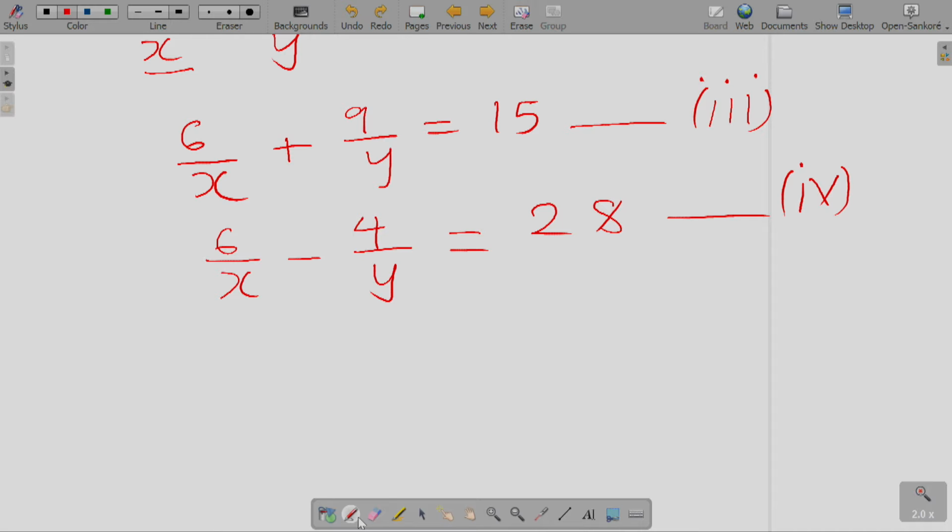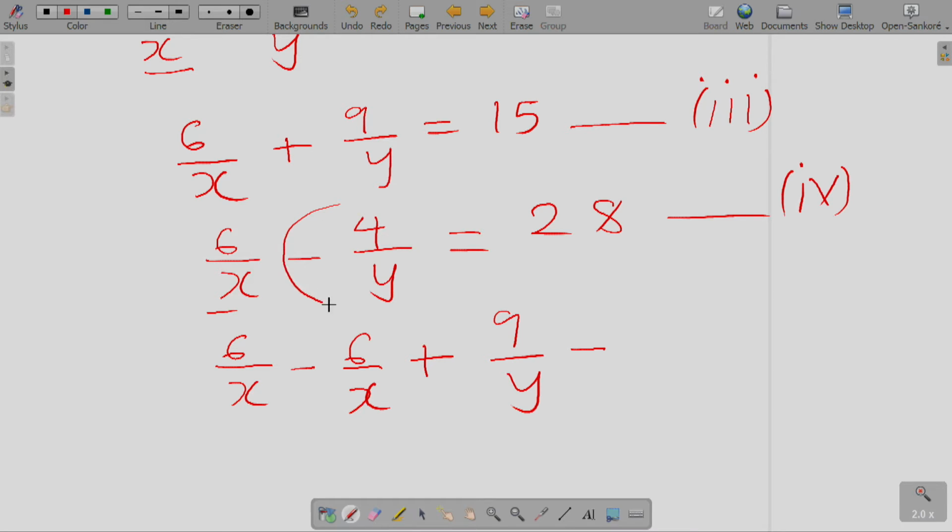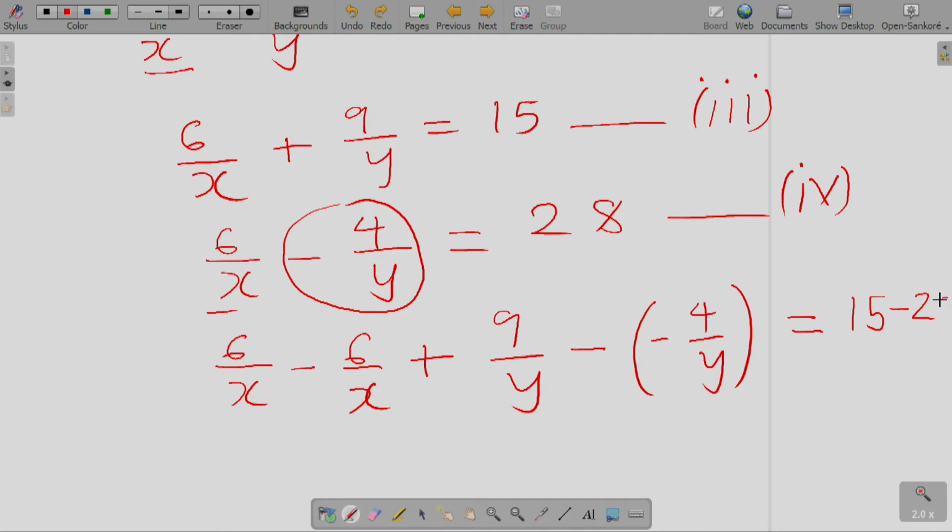So let's subtract them. So we'll have 6 over x plus 9 over y, minus this one, which is minus 4 over y, equal to 15 minus 28.